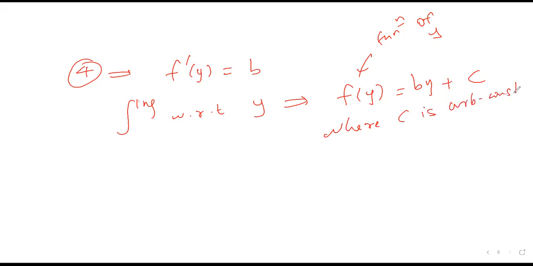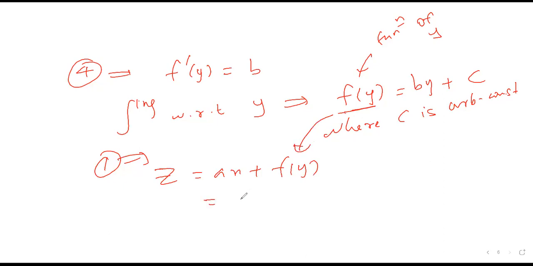Arbitrary constant. Okay. Now what is our z? Is that the equation number 1 or something? Z is equal to, we have taken ax plus f(y), isn't it? So we have found the relation for f(y). So that's what is happening. Then you can substitute ax again, plus c. So this is our solution. Okay. Hence proof.